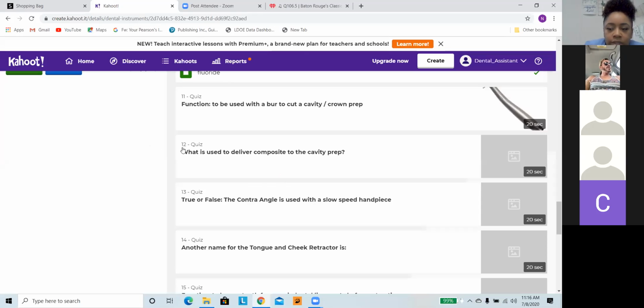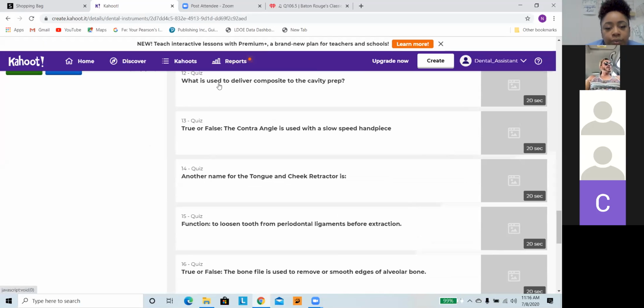All right. The next one, it says what is used to deliver a composite to the crown prep? Like a tip? What was that, Tony? I don't know, because it was right there and then I lost it.